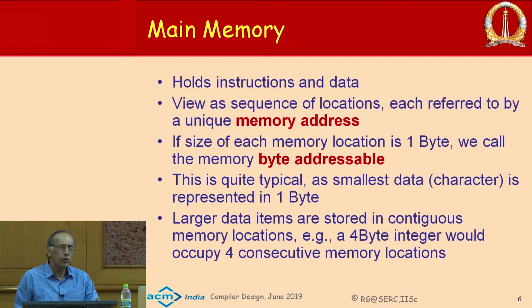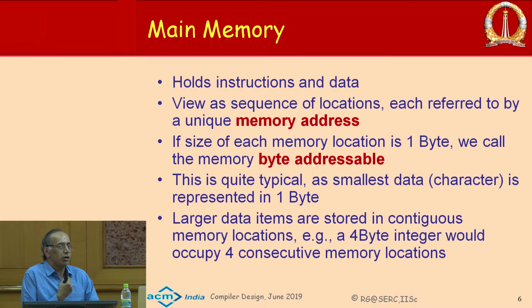Or you can talk about a sequence of 2 locations, 2 bytes. You have come across that in C: short integer, short. And 1 byte is a character. So everything falls in place. Think about it that way.